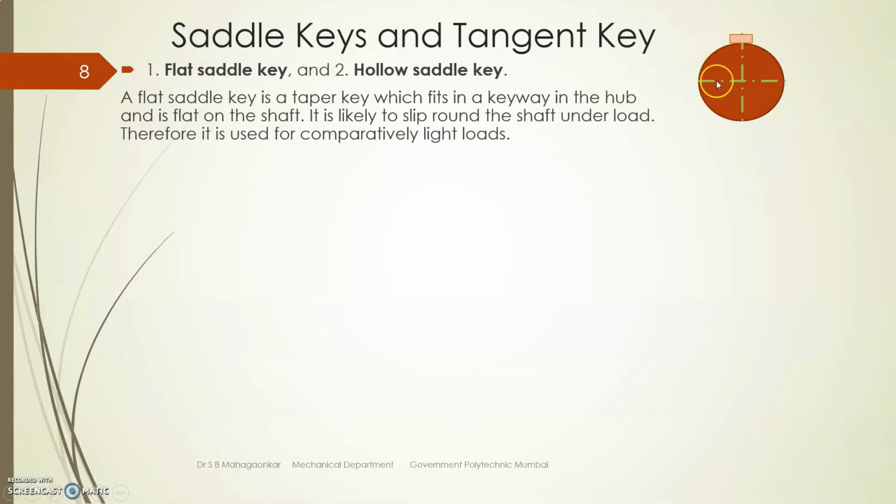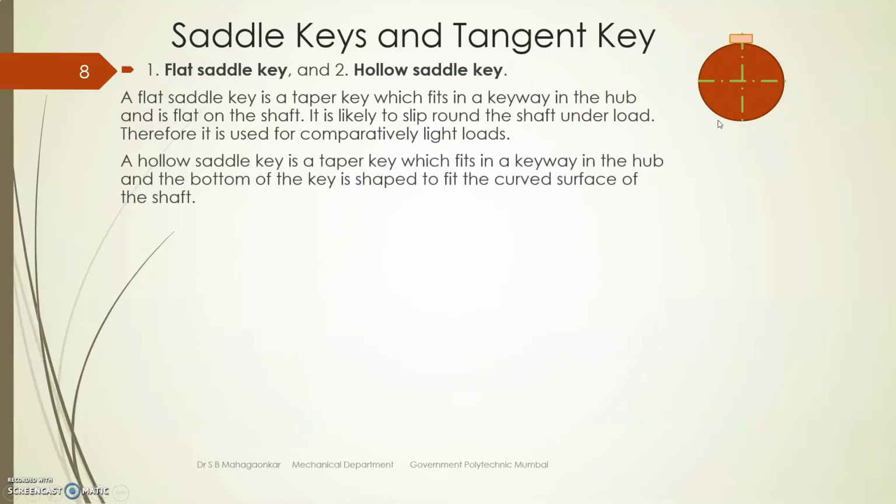In the hollow saddle key, at the bottom portion you will have a curvature, and the inside curvature of the key is equal to the outside curvature of the shaft, so that they can match perfectly. This works based on the torque.